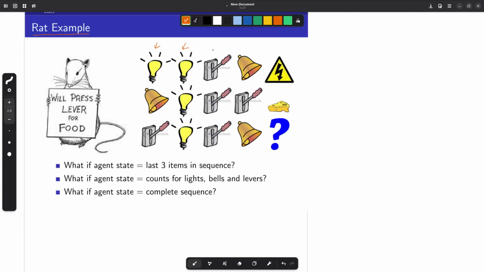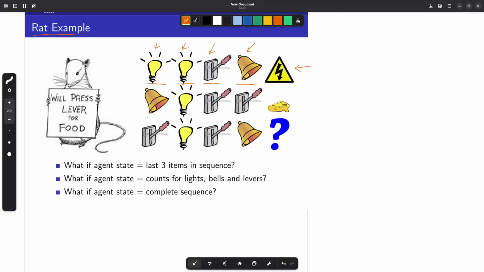There is a lever. Our rat pulls the lever. After pulling the lever, it hears a bell and it gets electrocuted. So after these four observations, two lights, one lever, and one bell, it gets electrocuted.